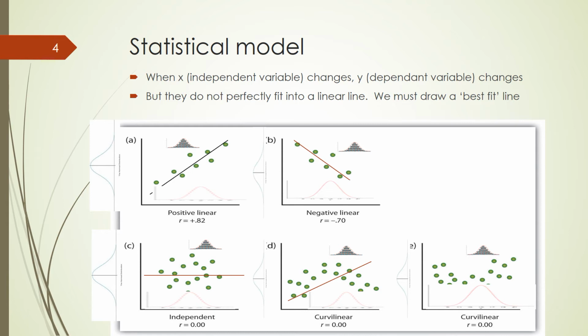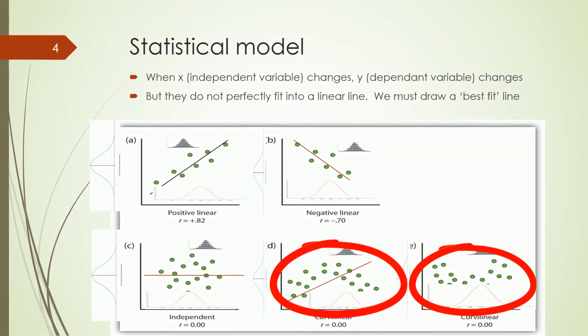Or it could be that we draw the best fit line, but still the outcomes do not really follow linearity so much, but they are spread across at various places. A better fit line for such instances is a curvilinear line.